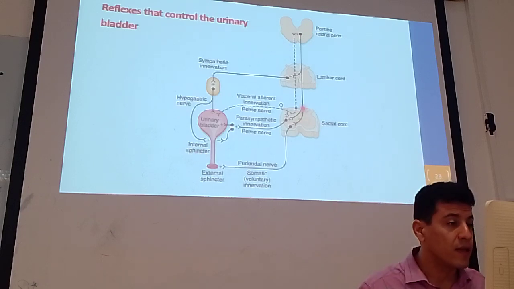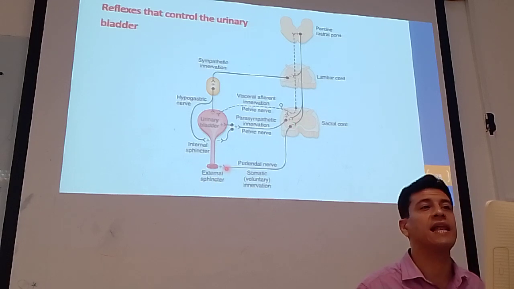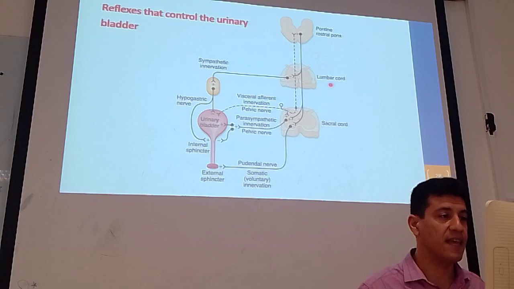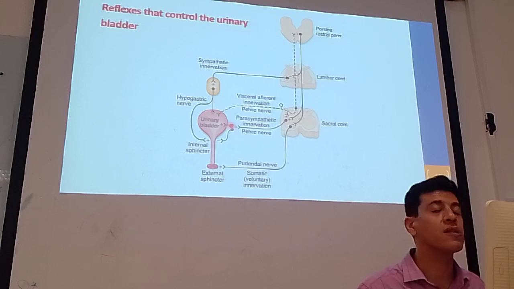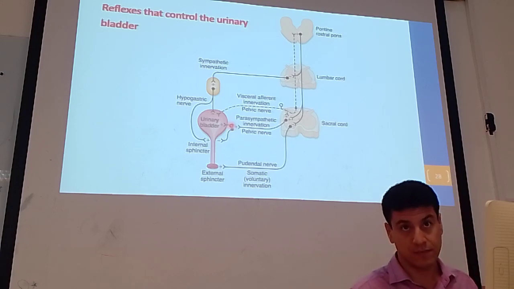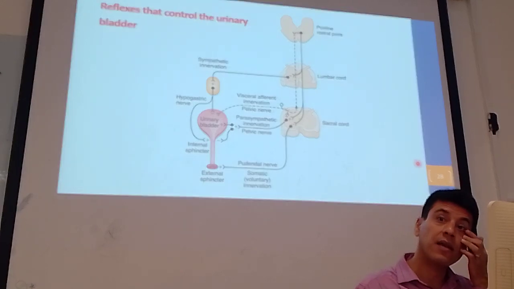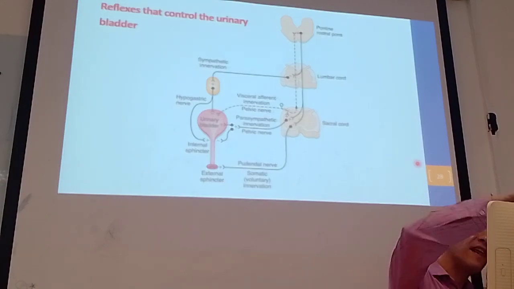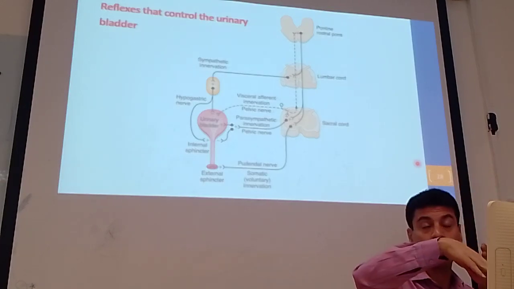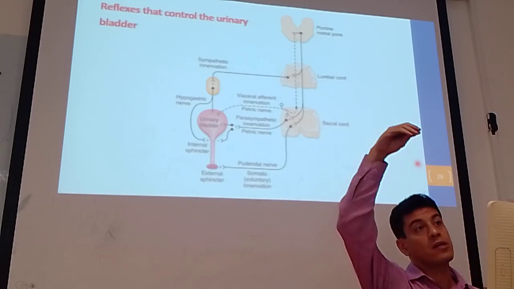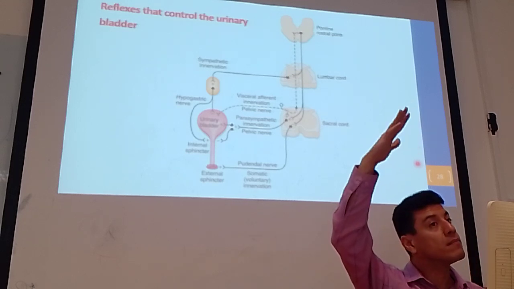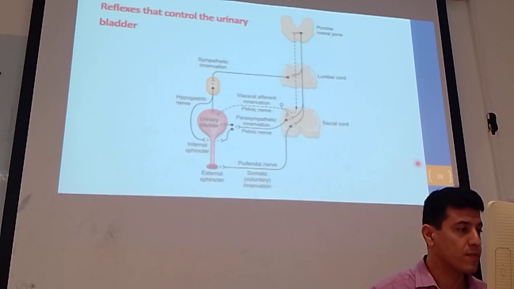So it can inhibit the pudendal nerve, so the external sphincter is relaxed. So all of these can cause urination, right? Urination can be controlled both by reflex action at the spinal cord and also by some descending pathways from the conscious. Got it?